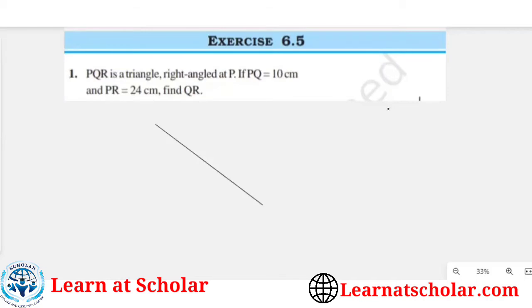Now exercise 6.5. PQR is a triangle right angled at P. So I have drawn the triangle. If PQ is equal to 10 centimeter and PR is equal to 24 centimeter, we have to find out the value of QR, which is equal to x.